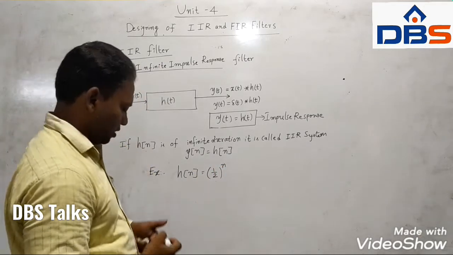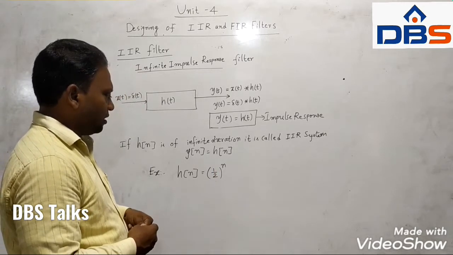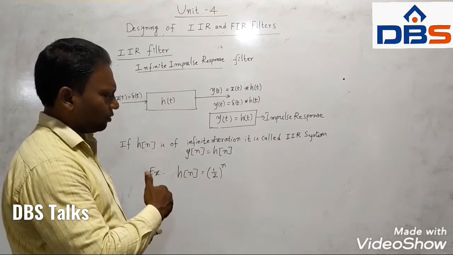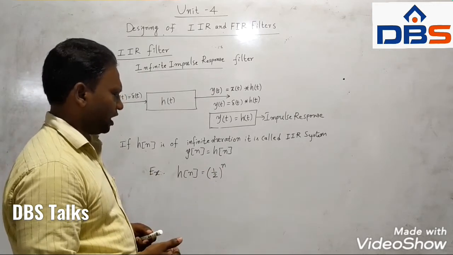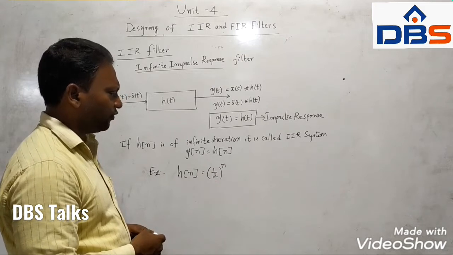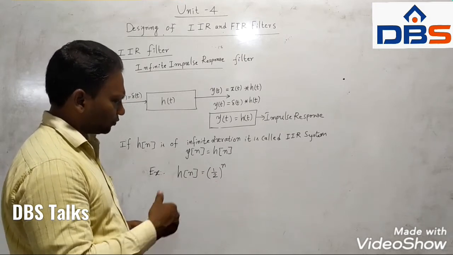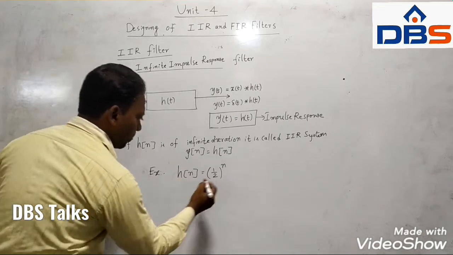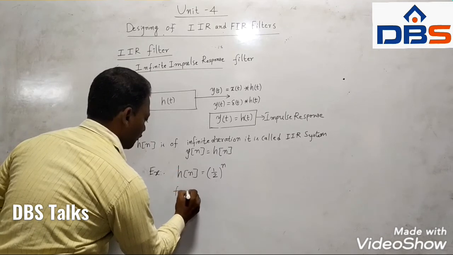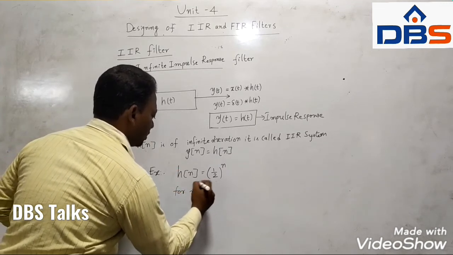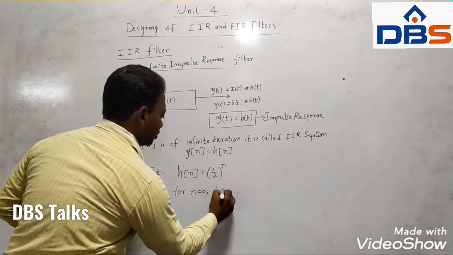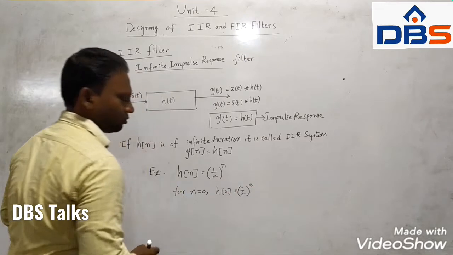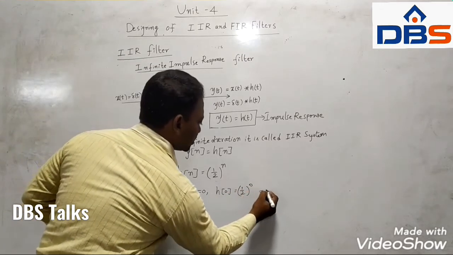Now this n value can take values from 0 to infinity. For n is equal to 0, the response is h of 0, which is 1 by 2 power 0, and 1 by 2 power 0 is 1.